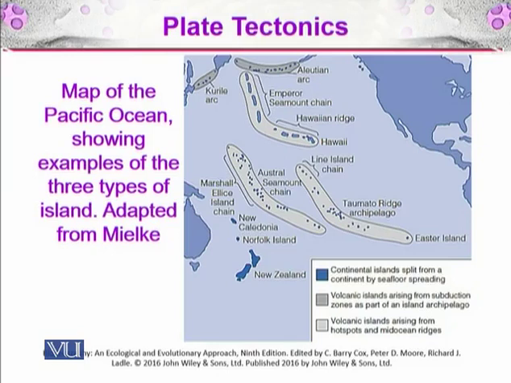And these are the continental islands which split from the continent by sea floor spreading: New Zealand, New Caledonia and Norfolk Island.